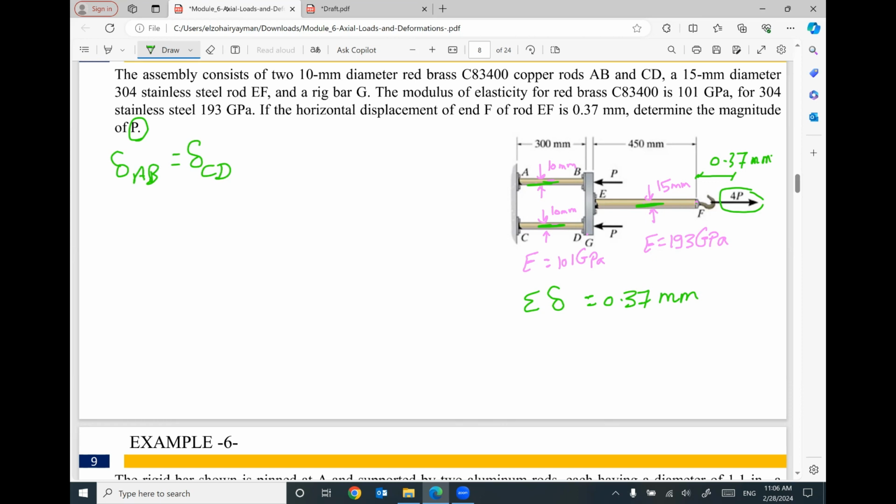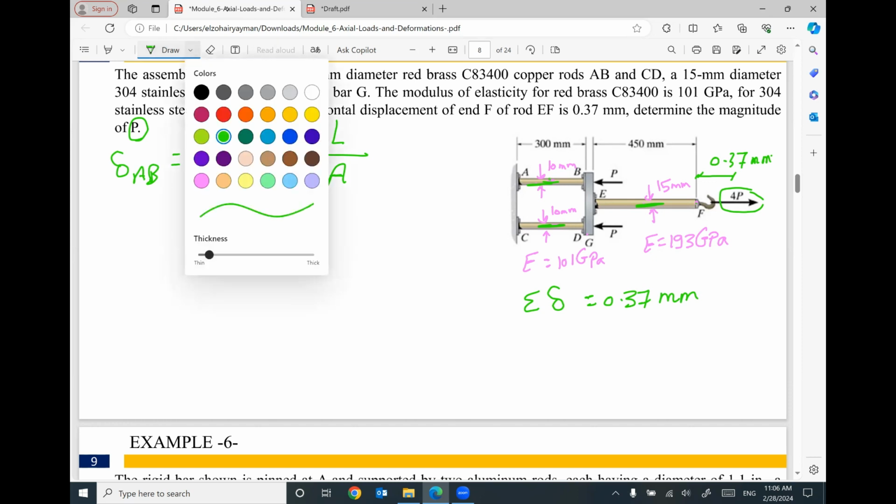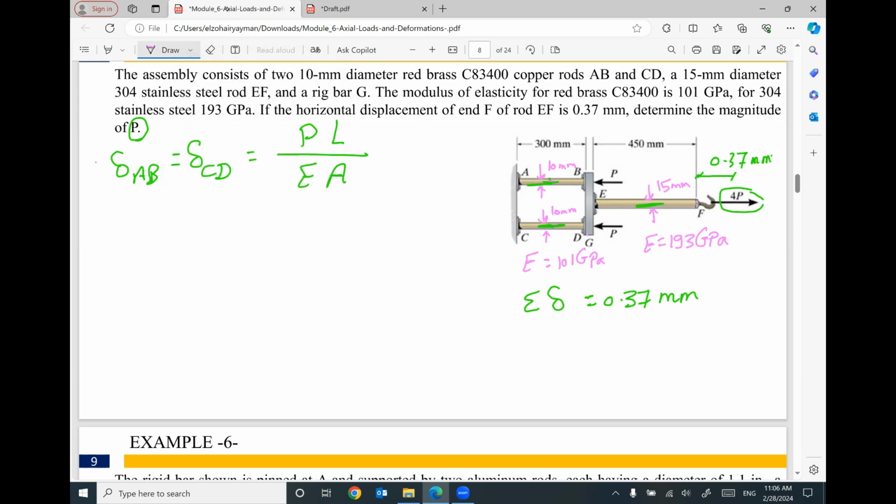Both give the same value, PL divided by AE. So what is the applied force in each of these bars?